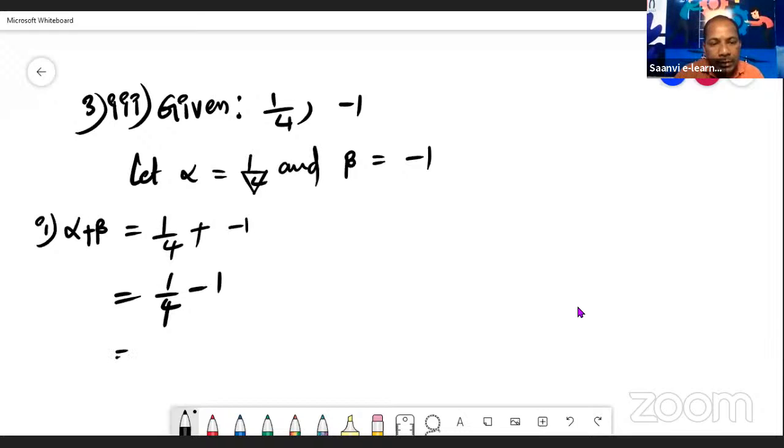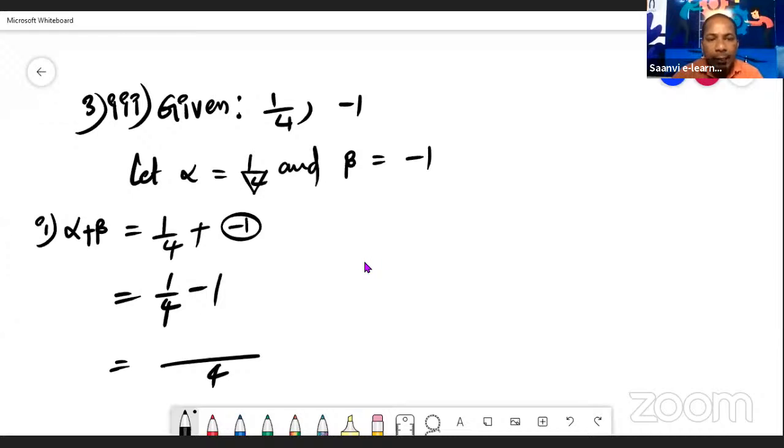Now to simplify this, you take LCM. So 1 by 4 minus 1. So when we take LCM here, 4 is the LCM.